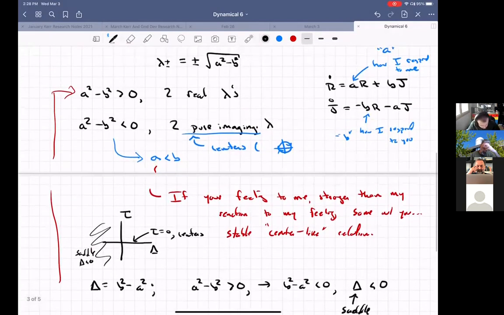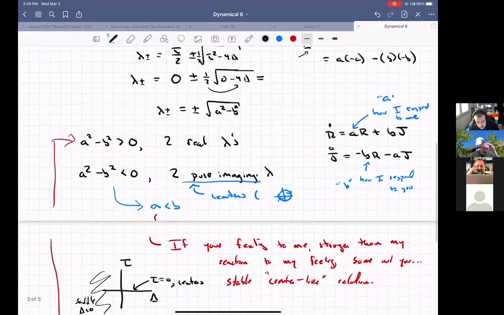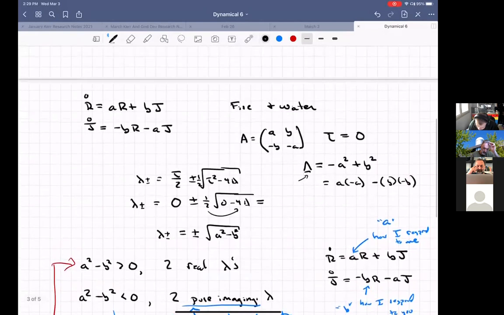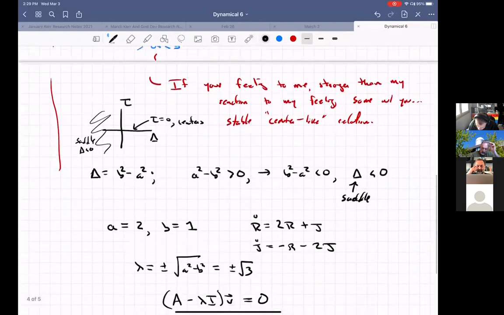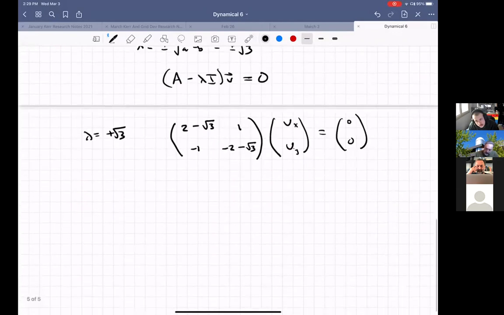Do I have my lambda value wrong? Four minus 1 is 3. Oh, stupid. No, not stupid. All right, well, let me write out the two equations.